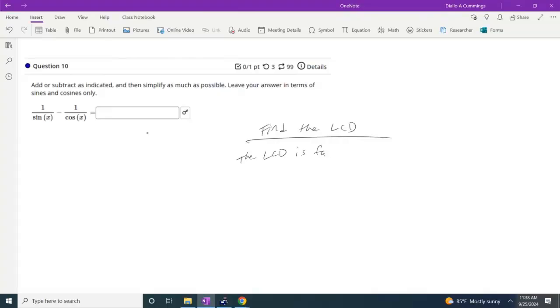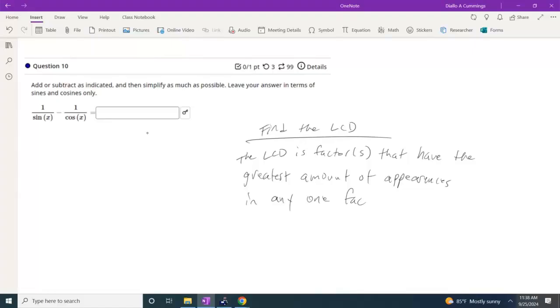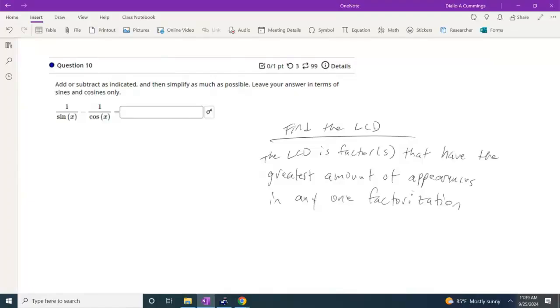The least common denominator is the factor or factors that have the greatest amount of appearances in any one factorization.